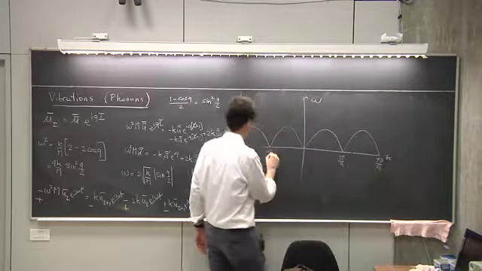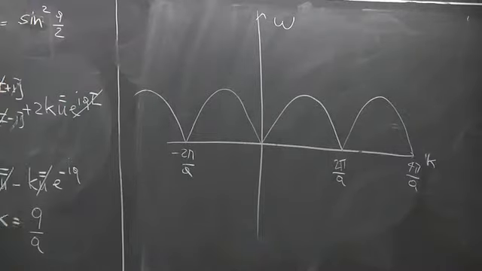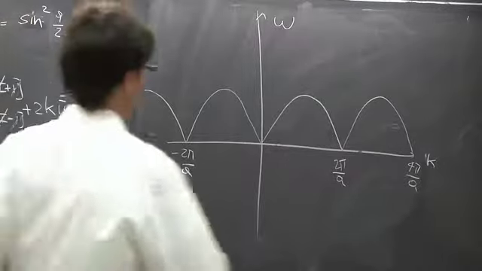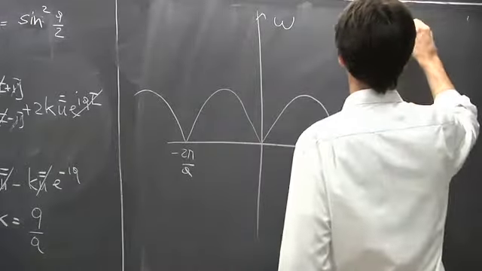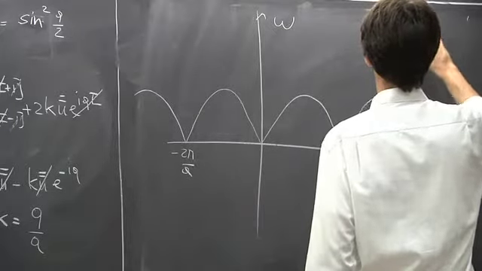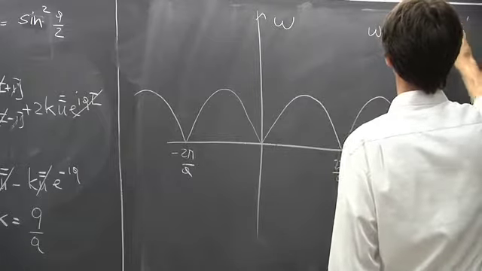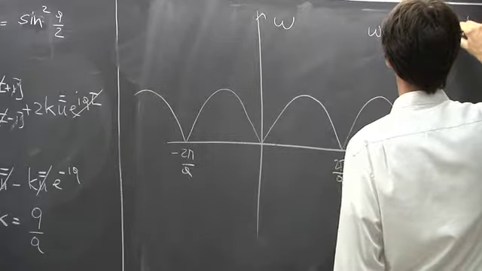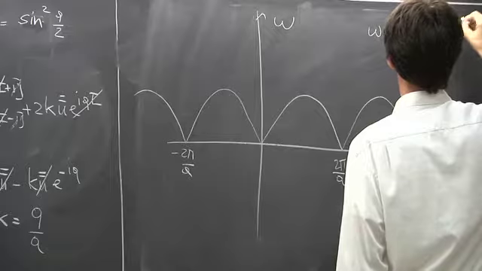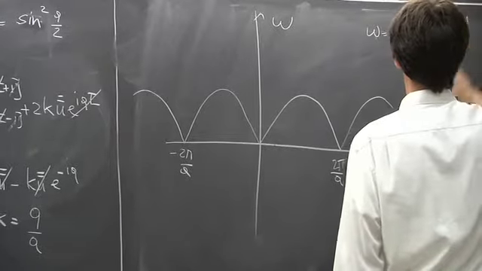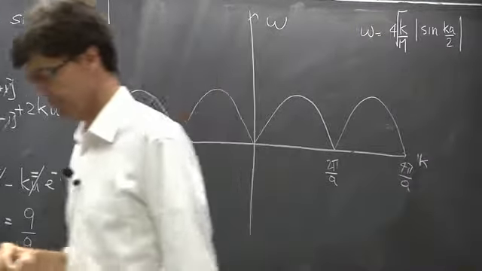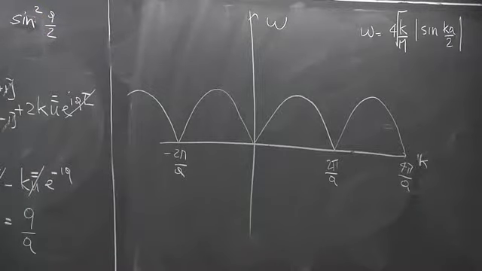I'm just changing the variable, calling k what I called q. Of course, then I have to remember that omega is the square root of 4k over m, times sine of k a over 2. I'm just changing the variable, introducing this variable k.